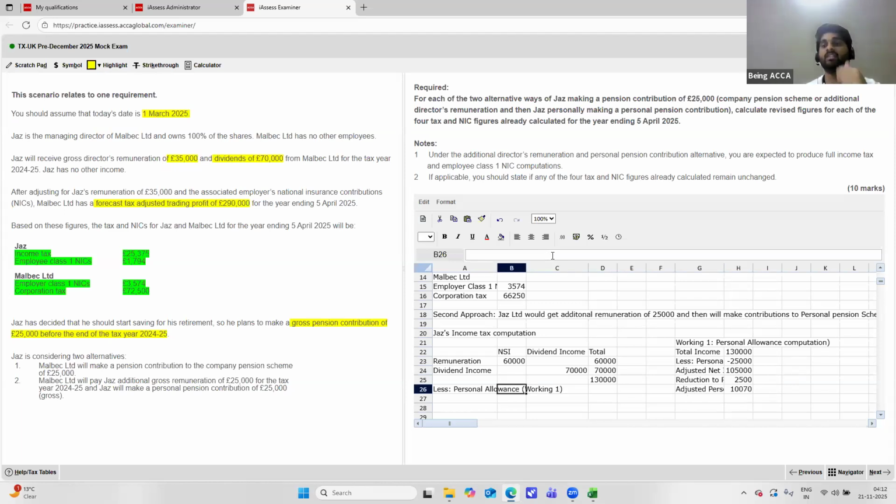How do we take it? Always the personal allowance preference should be given to non-savings income, then to savings income, and then to dividend income. That gives us minus of this value. Always try to refer to your values so that you do not make clerical mistakes of copying and pasting the value. The same value should be deducted from here as well, giving us taxable income of this much.